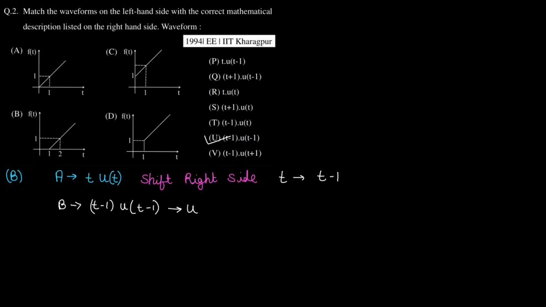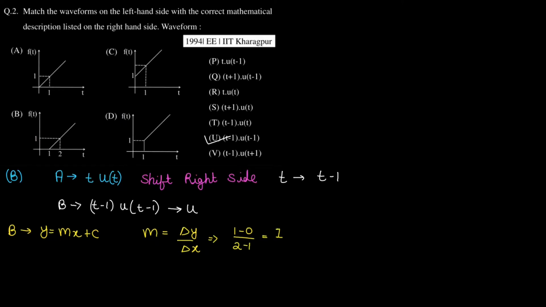If you are finding difficulty in shifting a waveform to the left or right because sometimes it becomes confusing, you can also try writing the waveform B by the y equals mx plus c method. Here m will be change in y upon change in x. That should be 1 minus 0 divided by 2 minus 1. Here the slope is again 1.